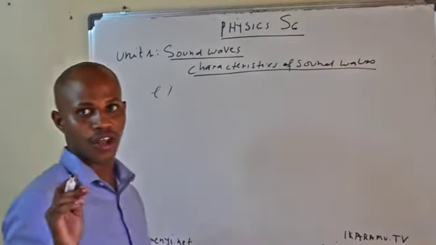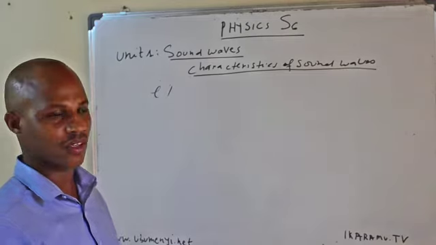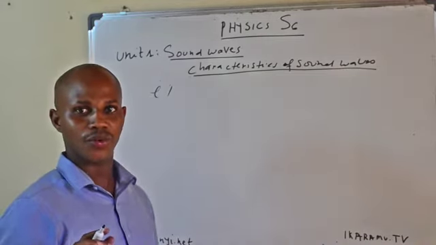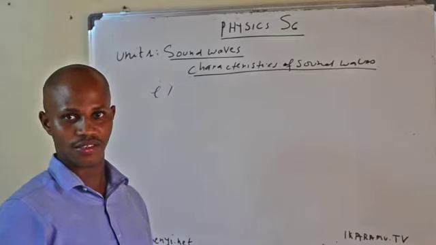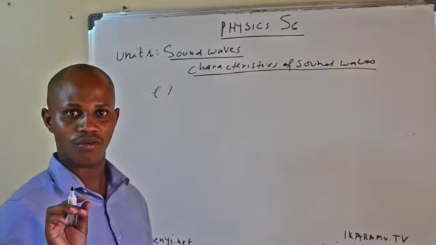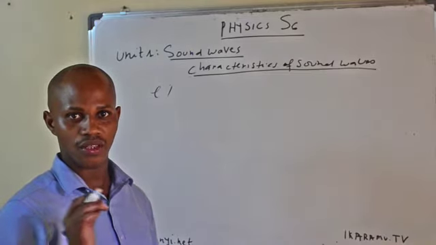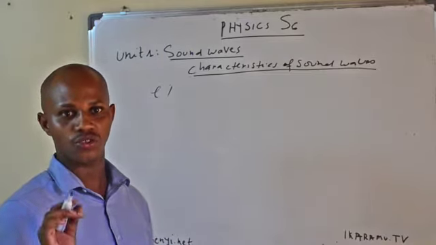Remember, we are on characteristics of sound waves. Very interesting. You have understood very well. There are 4 characteristics, remember. Now, let us take an example to understand very well this formula that we're talking about.